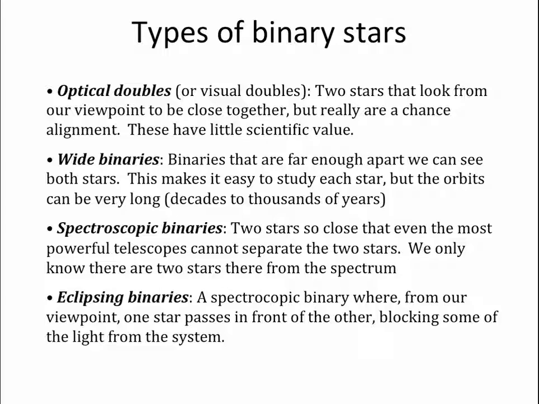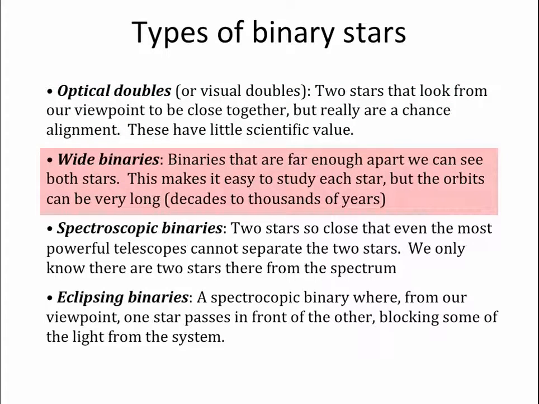So there are several types of binary stars. The first type is called an optical double, or sometimes a visual double. These are two stars that look like they're close together in the sky from the Earth, but really it's a chance alignment. They're nowhere near close together. These have little scientific value, and so we're not going to worry about them from now on.